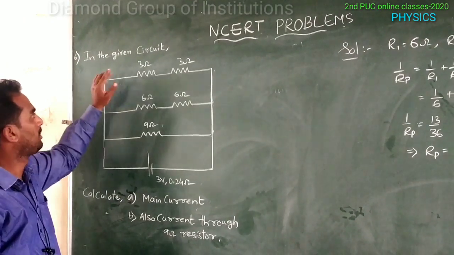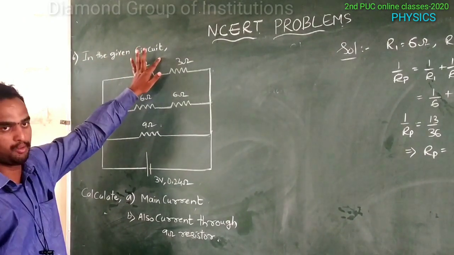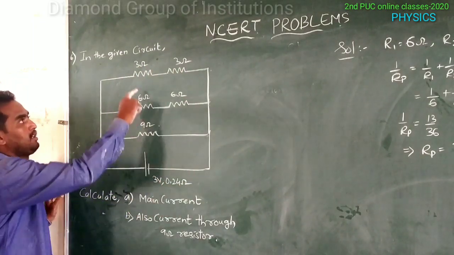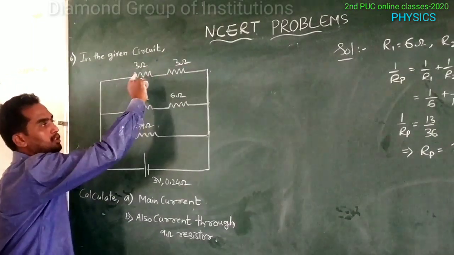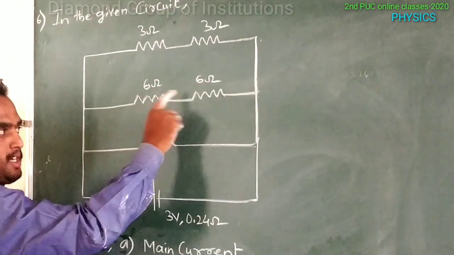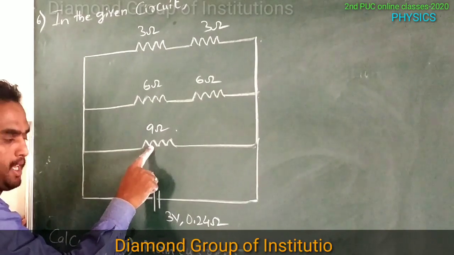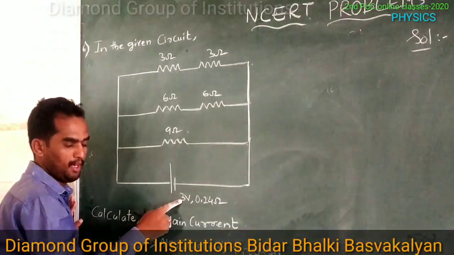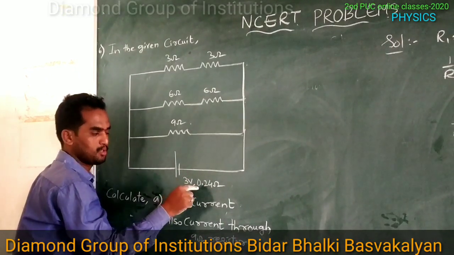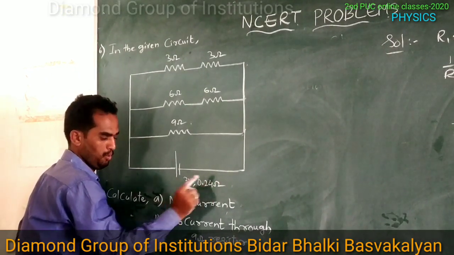Next numerical. In the given circuit, there are 3 ohm, 3 ohm, two resistors connected in series, 6 ohm, 6 ohm connected in series, and 9 ohm here. The EMF value is mentioned as 3 volts, and the internal resistance value is also given, 0.24 ohm.